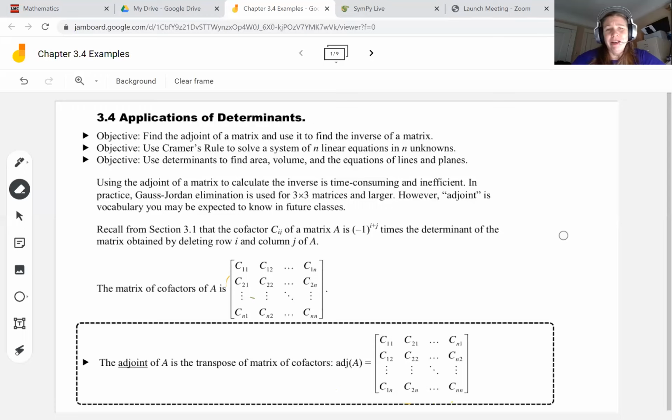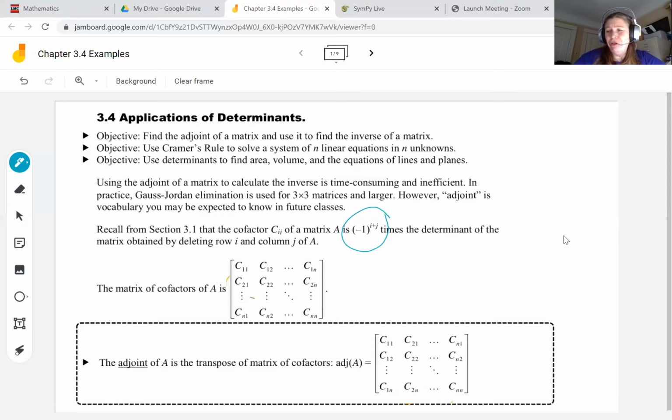So recall from section 3.1 that the cofactor Cij of a matrix A is -1 to the i plus j times the determinant of the matrix obtained by deleting row i and column j of A. So cofactors are one dimension less than the matrix, and we saw that we can keep working down the cofactors in dimension until we end up at a 2x2 matrix where it's real easy to find the determinant.